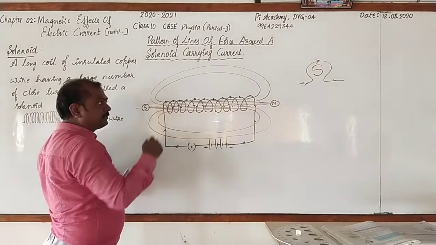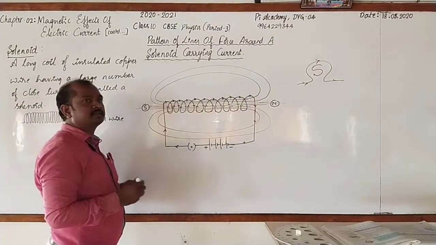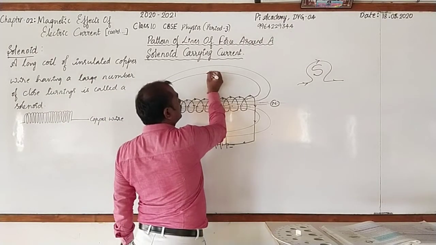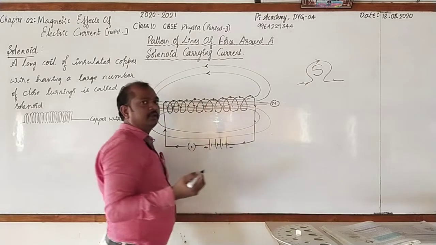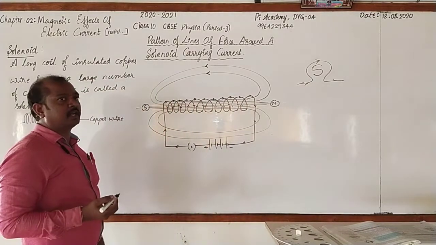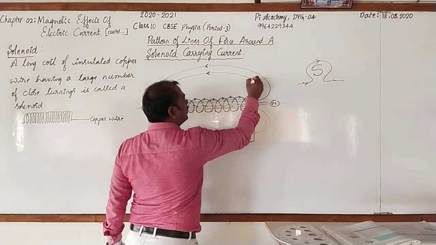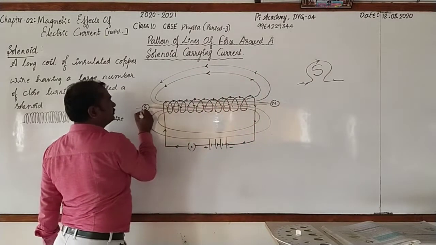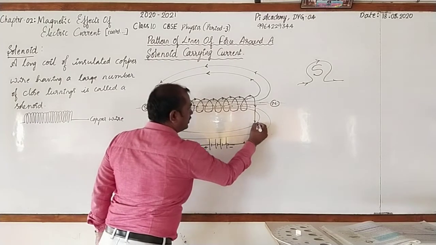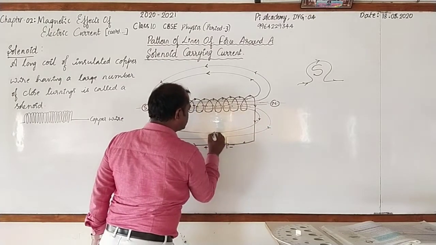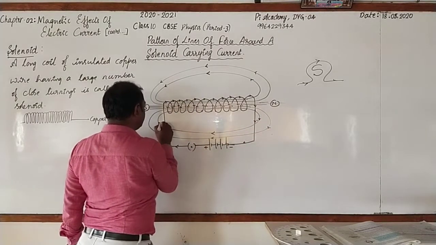Okay, now let me show you the direction of lines of force. Observe it. Conventionally, lines of force start at the north pole and end at the south pole. So I am showing the direction from north to south. From north to south. Just keep observing.